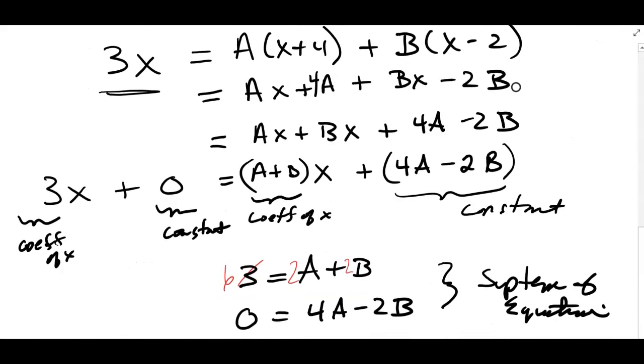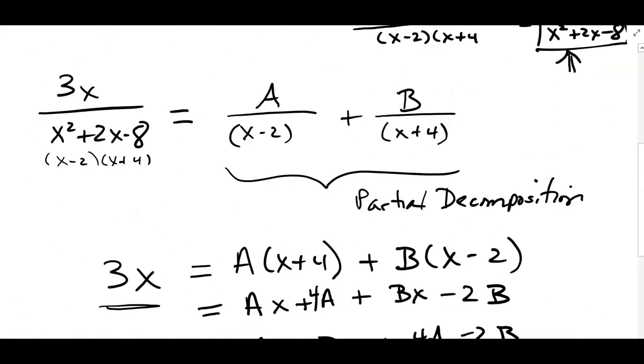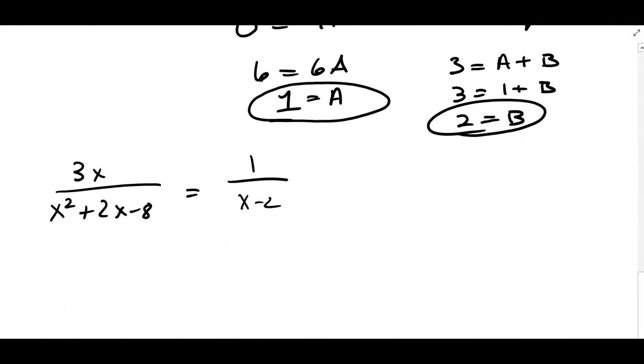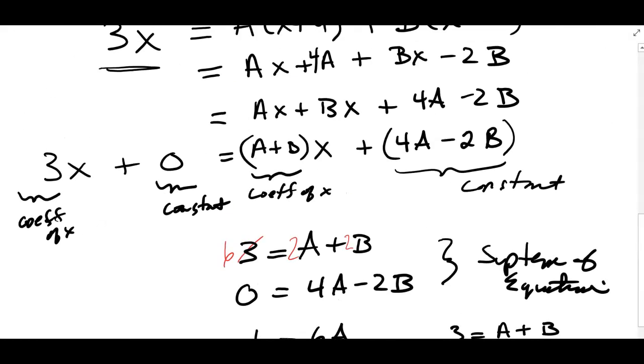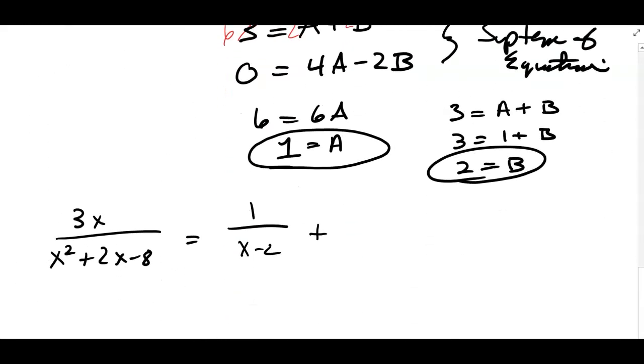So what we know now is that my 3x over x squared plus 2x minus 8 is 1 over x minus 2 plus 2 over x plus 4.